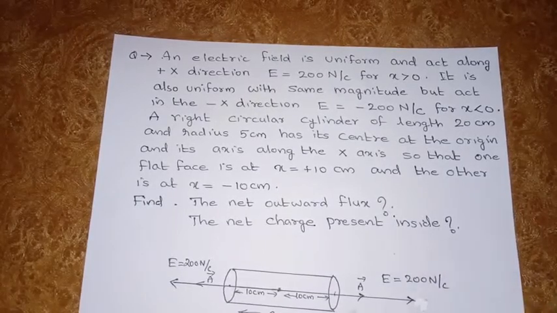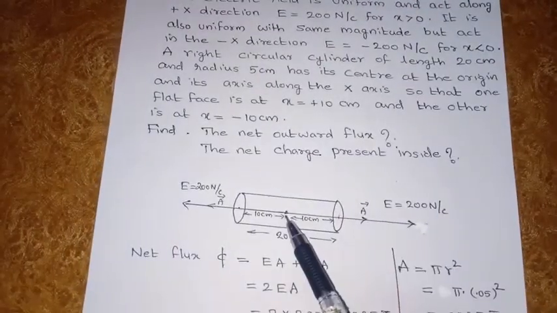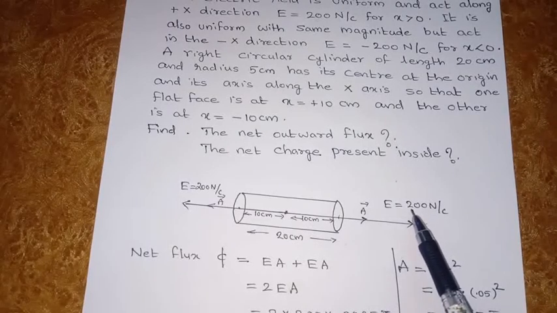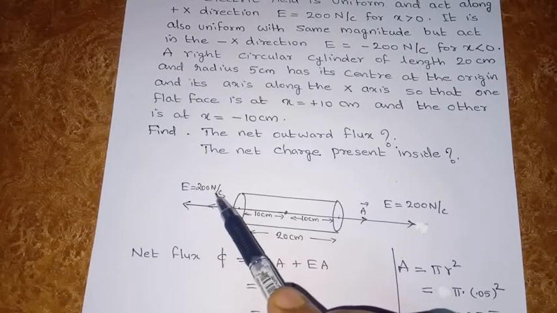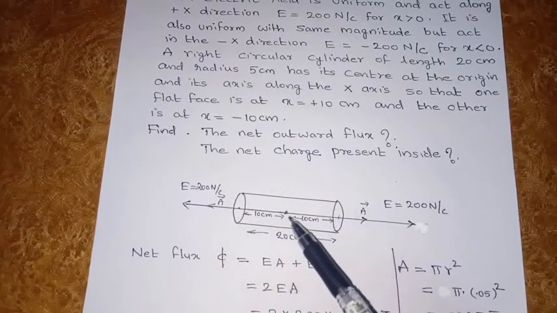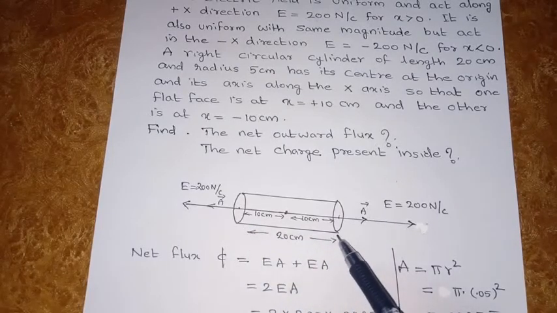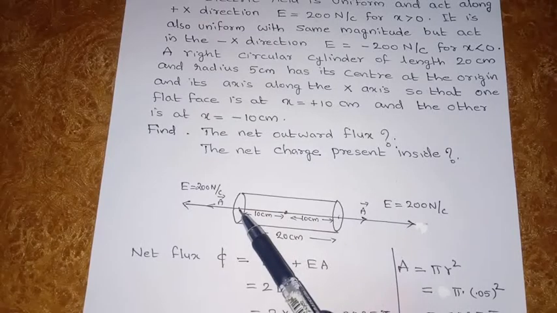So here there is an electric field. Let us consider this as the origin, the center. There is an electric field in the positive x direction, the magnitude is 200 Newton per Coulomb. There is an electric field in the negative x direction, the magnitude is 200 Newton per Coulomb. And there is a cylinder whose length is 20 centimeter, but the flat surfaces of the cylinder are kept at 10 centimeter and minus 10 centimeter.